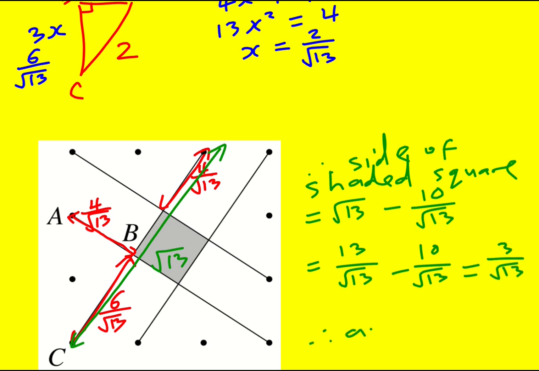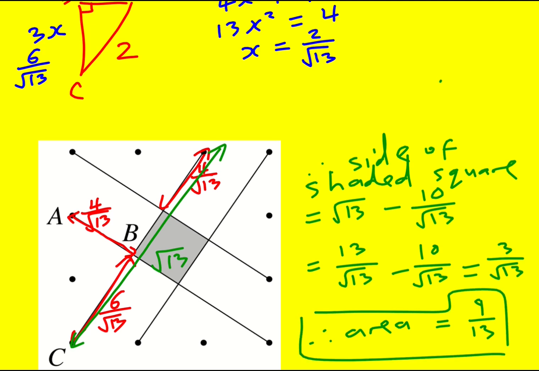And therefore the area of the square is going to be 9 over 13 again. All right, well done.